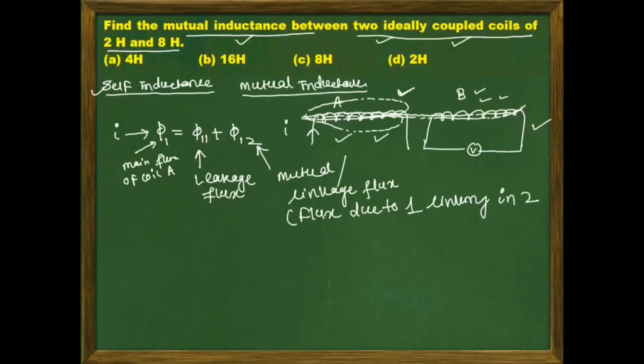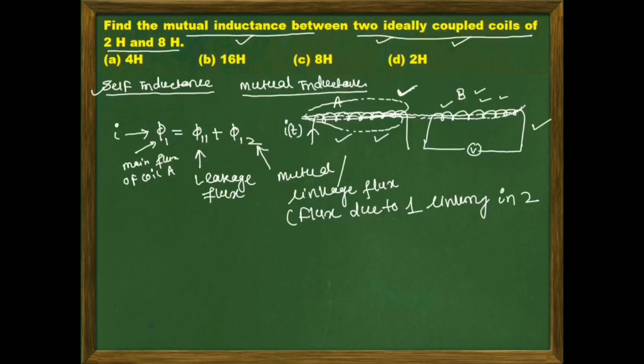Okay, now let's consider here the current I is time varying. So because of this time varying current, the flux is also time varying and the flux linking is also time varying. So from Faraday law we know that when there is change in flux it induces EMF.